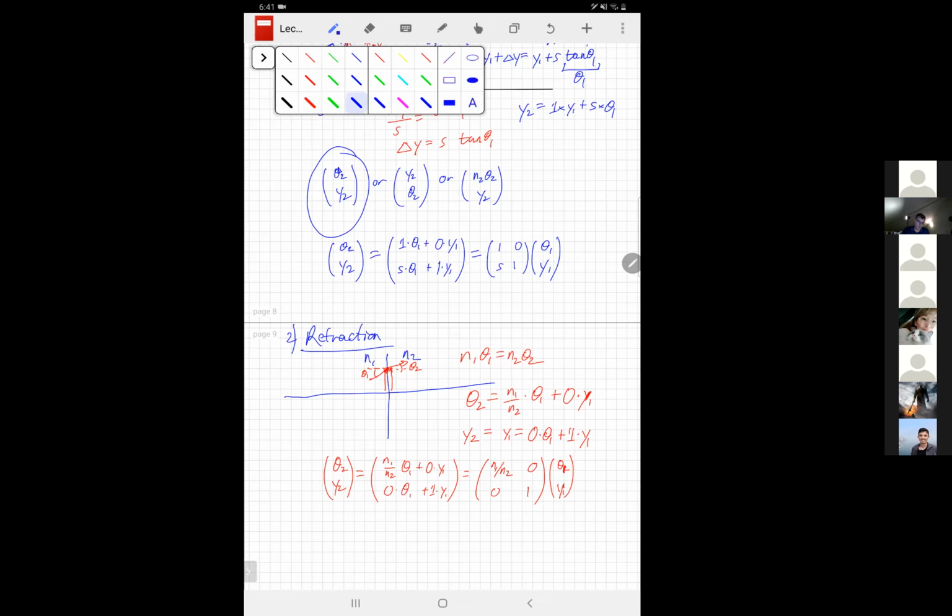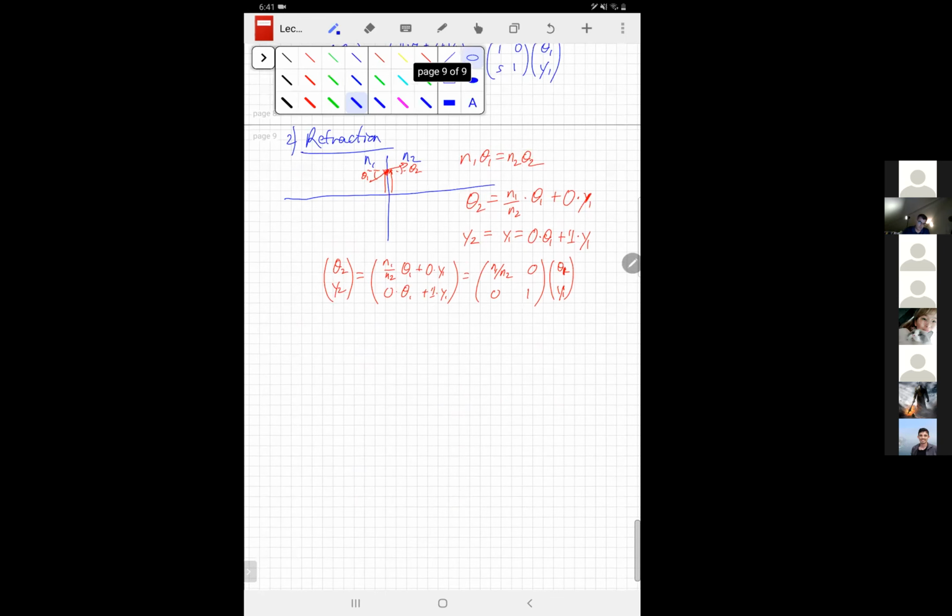Any questions? Then let's deal with a lens, a thin lens, and then we'll get to curved surfaces and thick lenses.